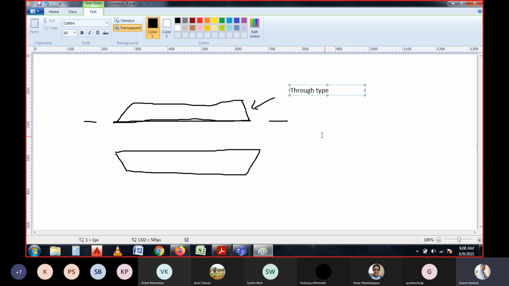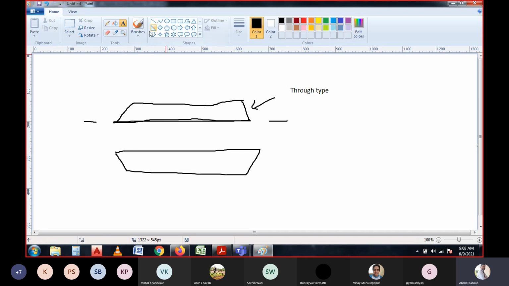So that means when the particular load is moving on this part, and this part, this member will be under tension, and these members will be under compression at certain points.